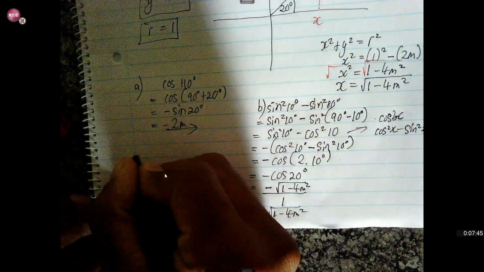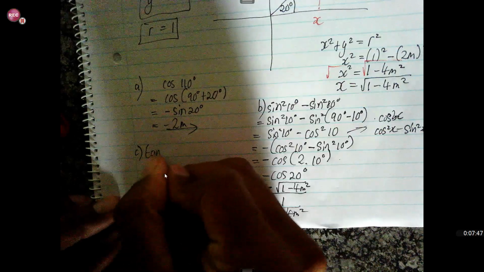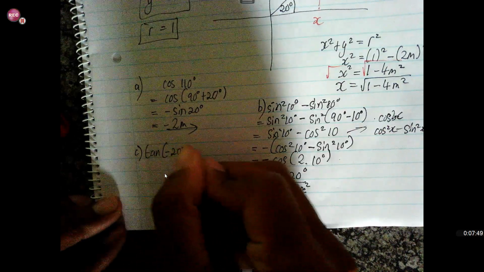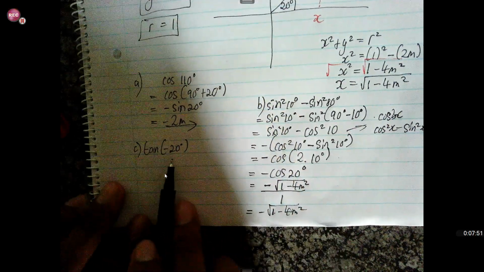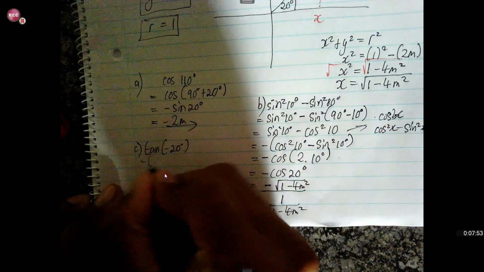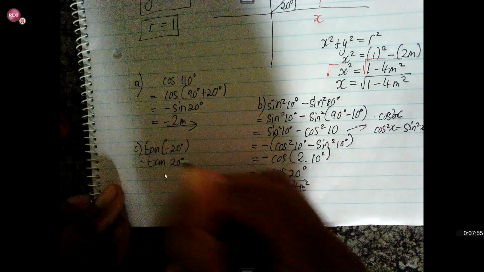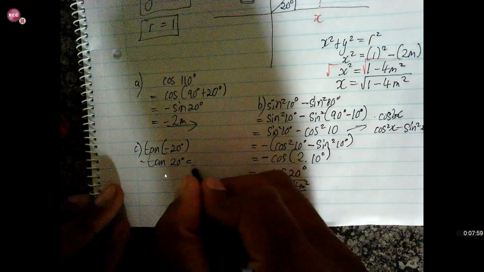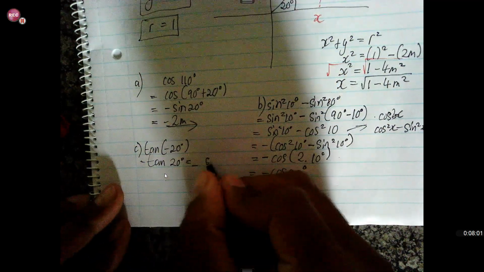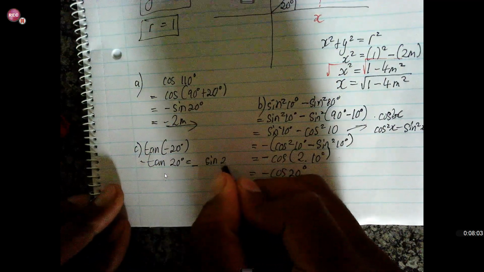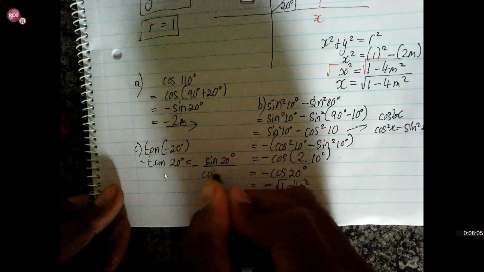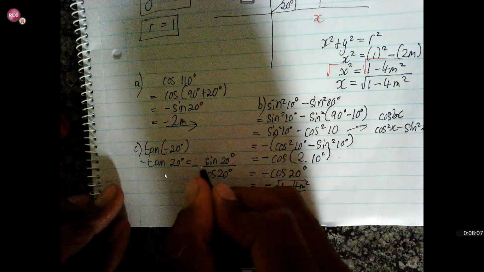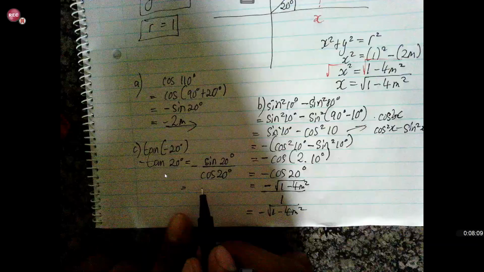We know that C is going to be tan of minus 20 degrees. And we know that if it's negative, so it's going to be minus tan 20 degrees, which can be expressed as minus sine 20 degrees all over cos 20 degrees. Then we know that this can be expressed as what?